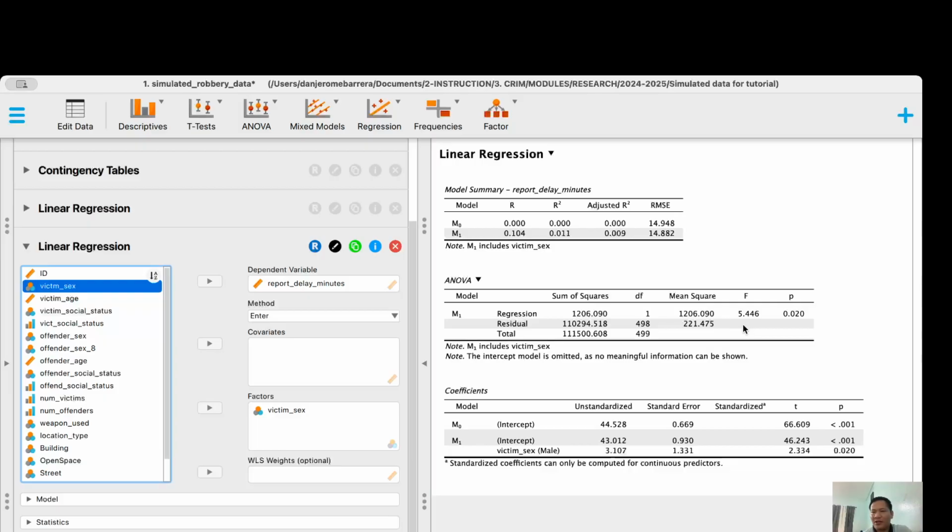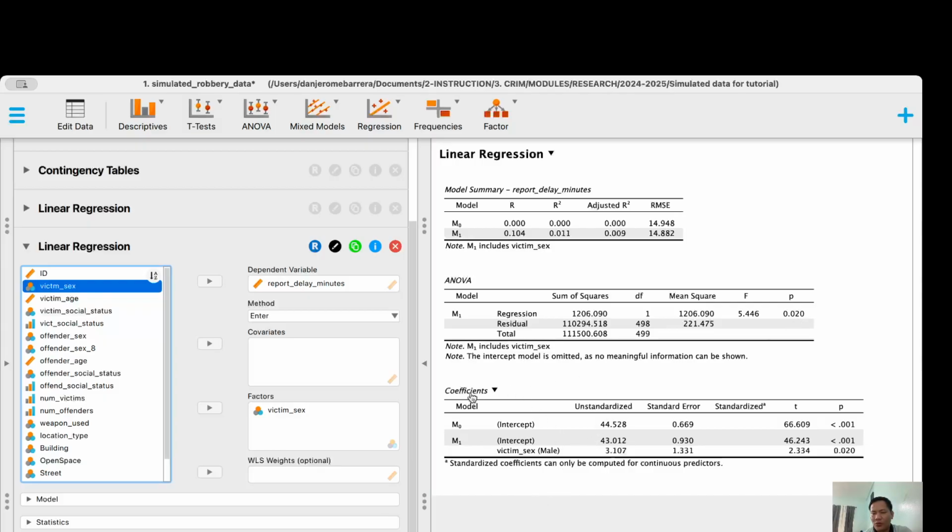Now let's look at the results section. Let's go directly to the second table, the ANOVA table. This shows that the entire model, with one independent variable and one dependent variable, is statistically significant.